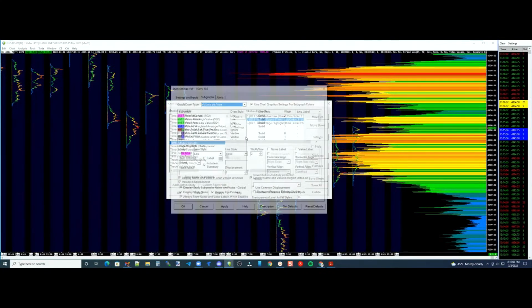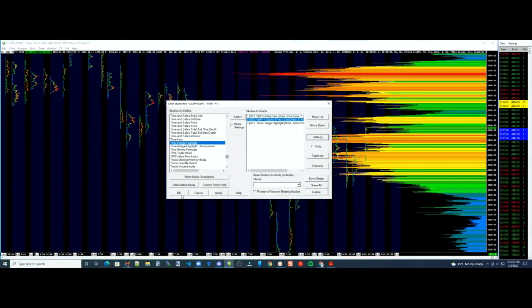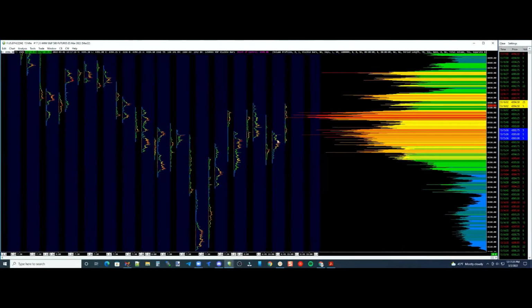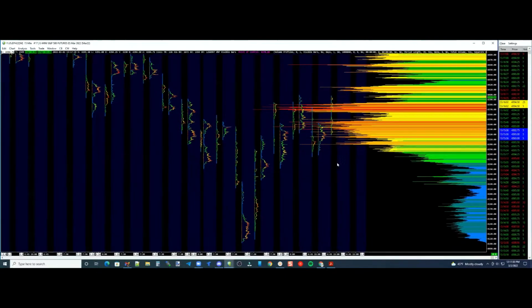So I have to come back into this study, and differentiate and use a separate profile for the overnight session. And once I do this, now you can see I've separated out my overnight sessions from my RTH, and that's pretty critical. I'm going to tell you why.